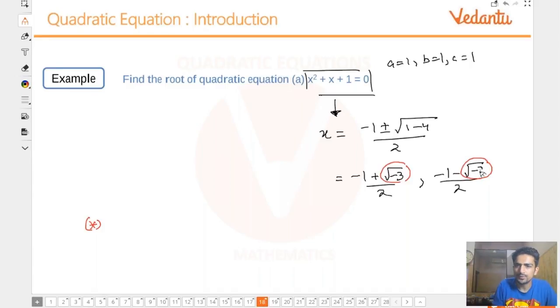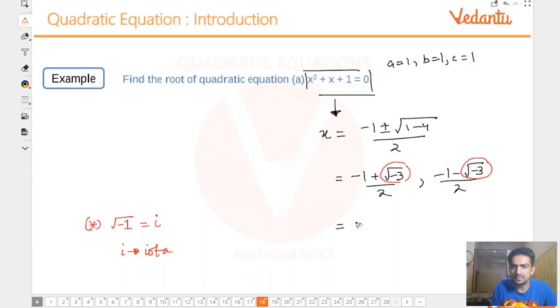I am just introducing one term here. We will be doing this term in detail later on. Root of minus 1 is denoted as iota. Certainly it is a non-real number. We will be studying this term in detail soon.